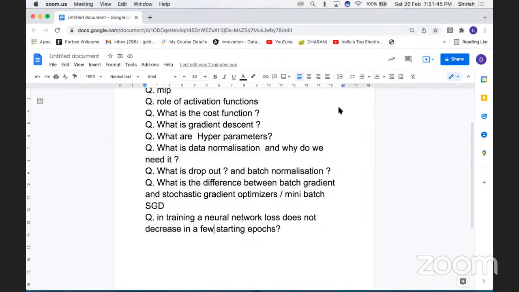So what are the very, very famous libraries for working with neural networks? TensorFlow, right? It is the most preferred library. Why is TensorFlow most preferred?